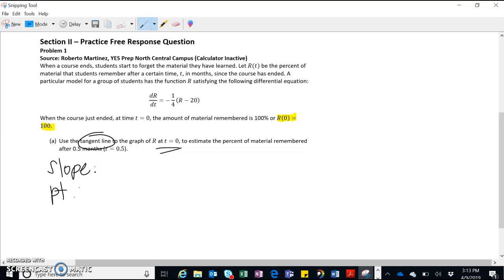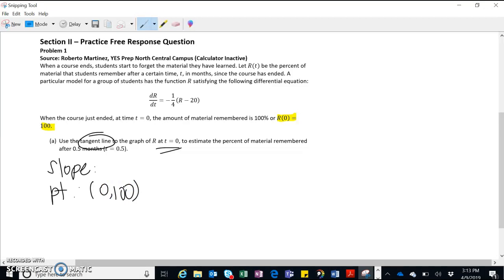The point of tangency here is going to be anchored at a t value of 0, since that's what I annotated up there. And I do need to find the y-coordinate of that point of tangency. But if you notice what I highlighted, at 0, students remember 100% of the material. So my point of tangency is 0, 100.